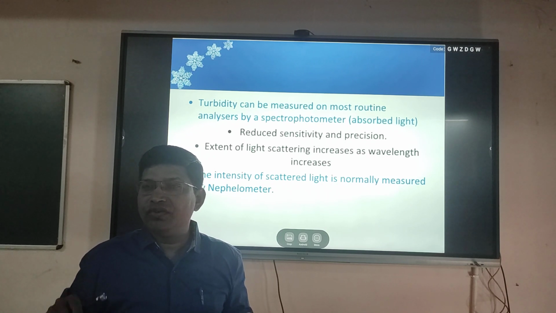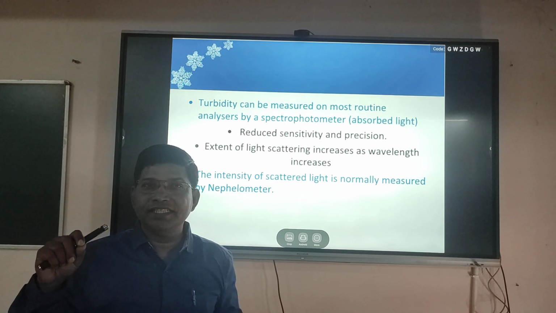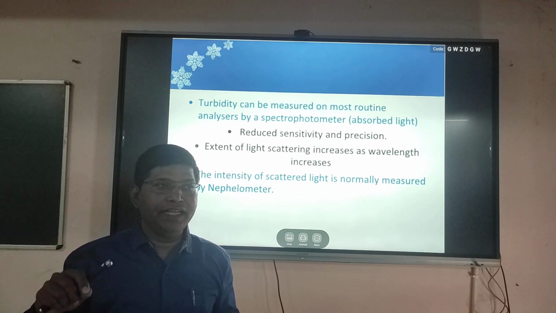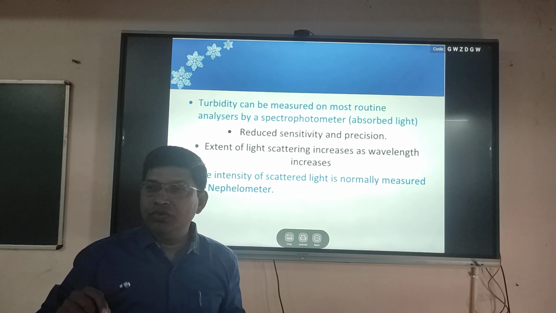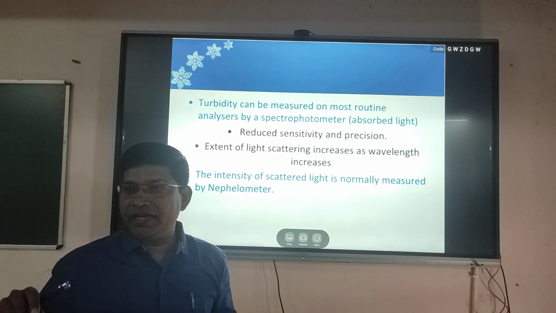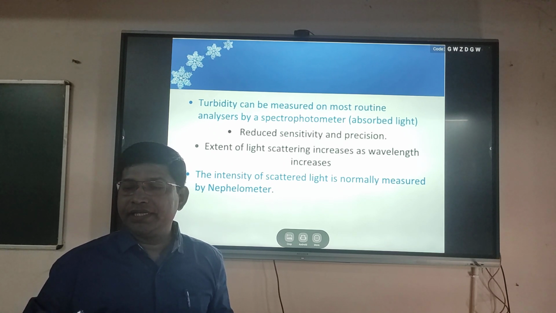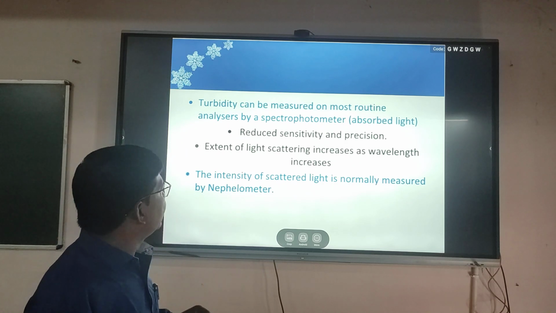Turbidimetry is itself an instrument available in the market, but if we don't have it, we can use a UV visible spectrometer for measurement of a turbid solution.